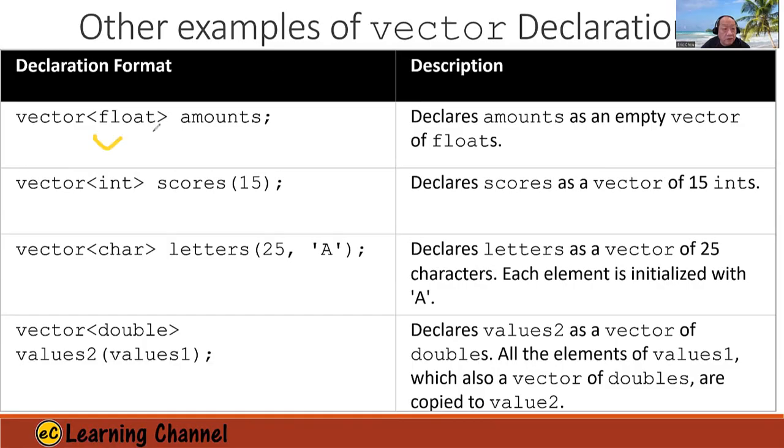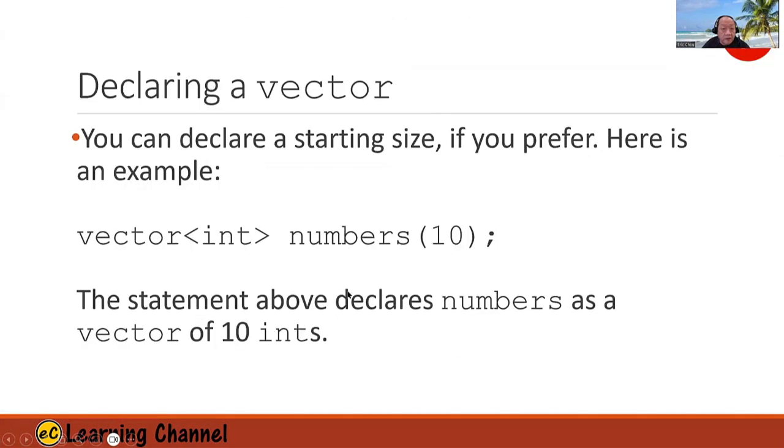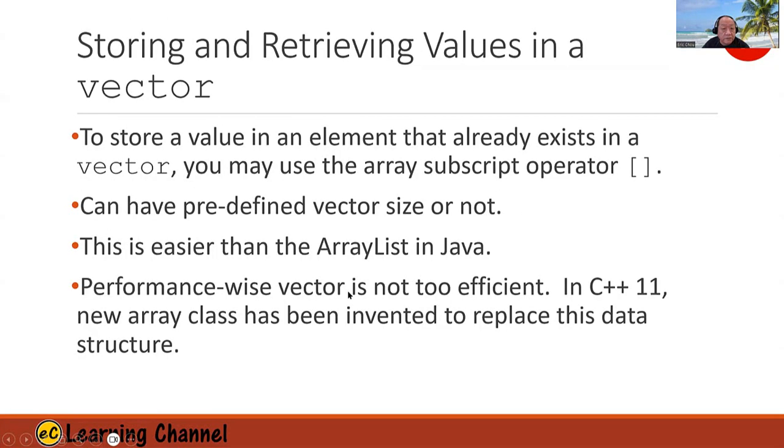Usually we may use a VF if you use a typedef. Then you have a constructor, and you can use a capacity of 15 or capacity of 25, filled with A. These are different types of constructors. You can also put in values as a sublist.